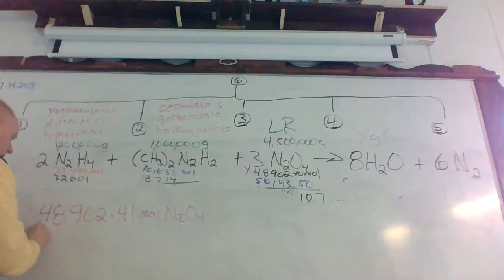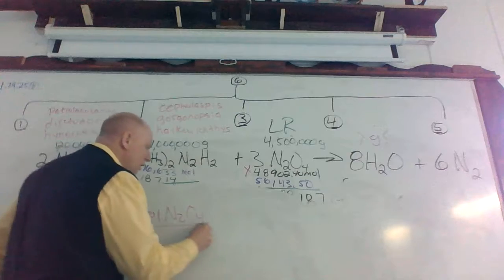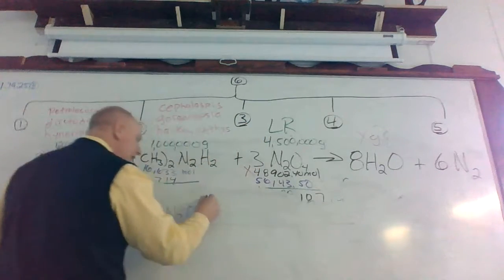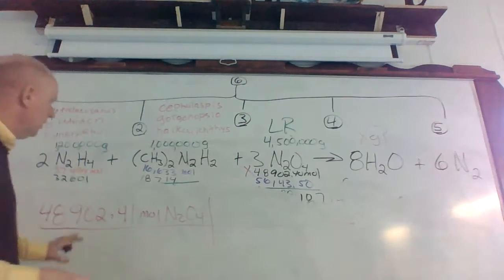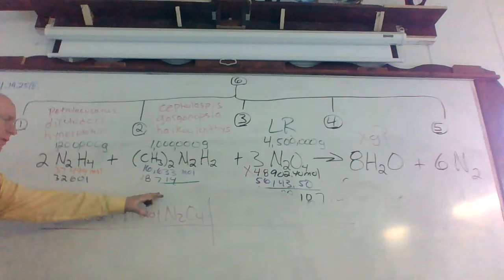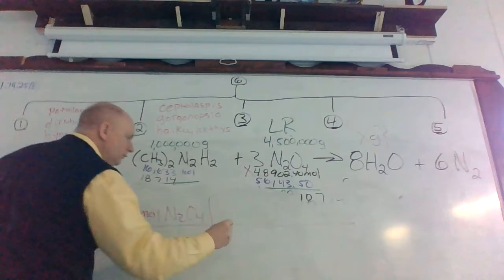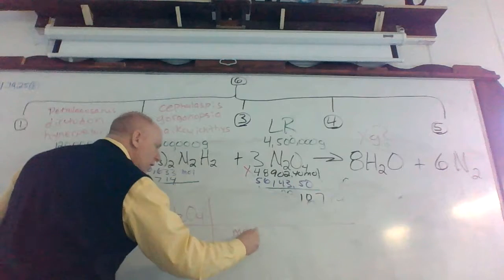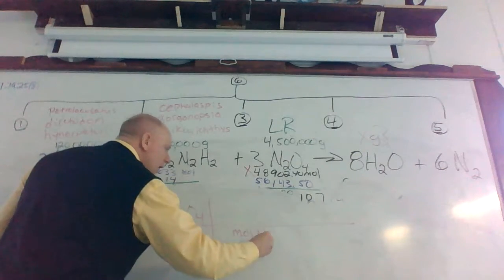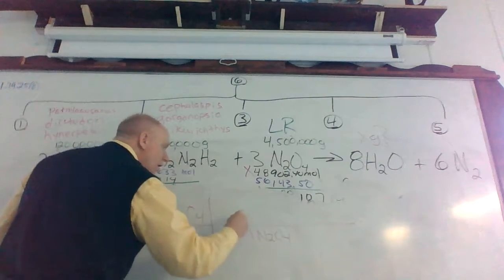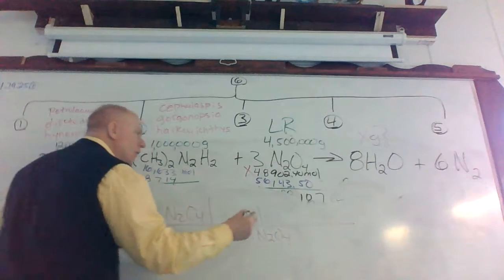Okay? So we've eliminated this 4-step problem down to 3. So how do we get rid of moles of N2O4? We're converting what we have, which is N2O4, into moles of what we're looking for, which is what?